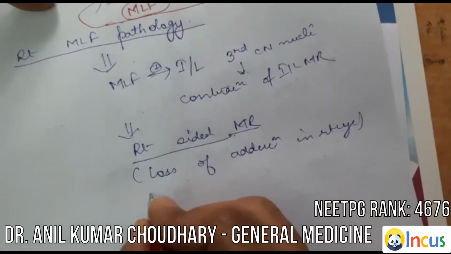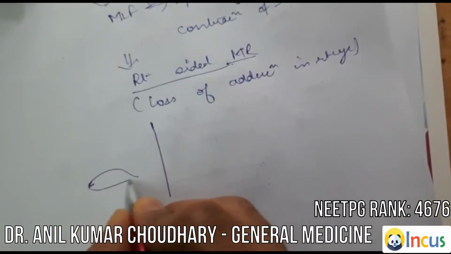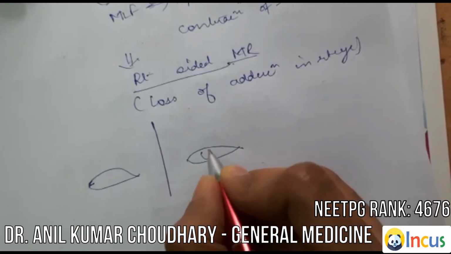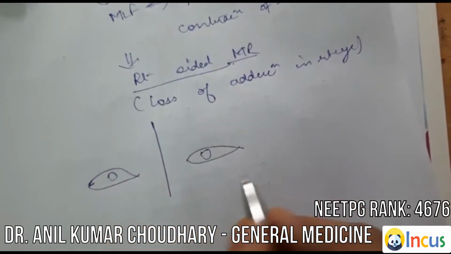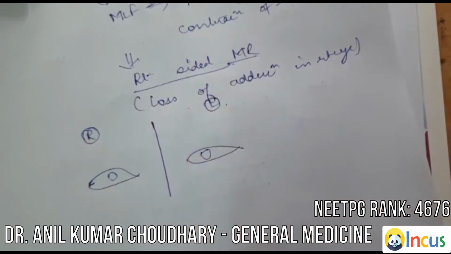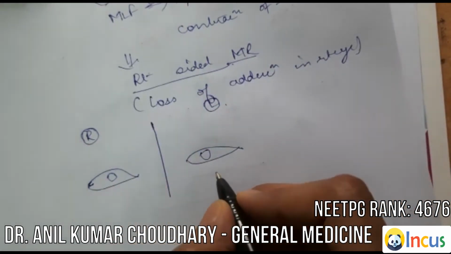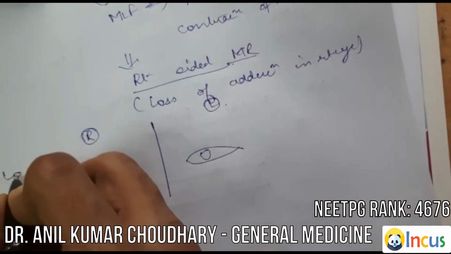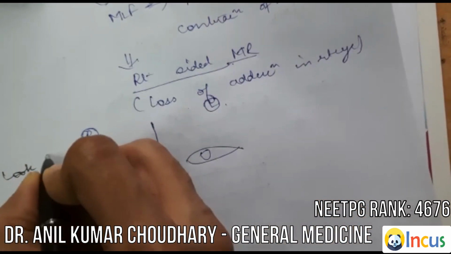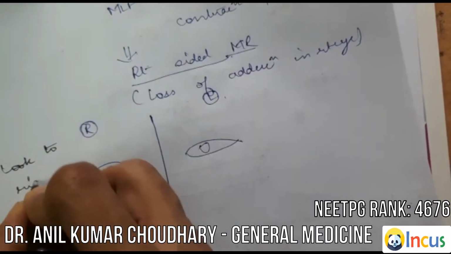Let us discuss it in diagrammatic form. Suppose these are the beautiful eyes we have. Pardon me for the bad diagram. This is the right side, this is the left side. Now the patient is asked to look towards his right.